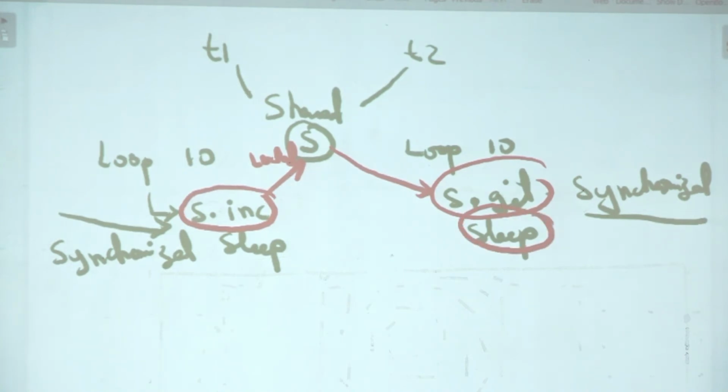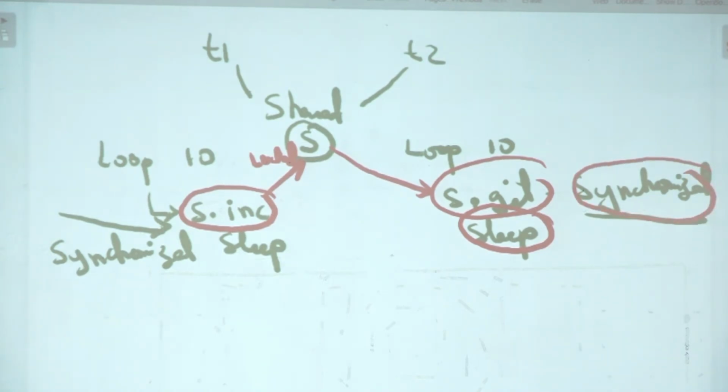When it comes out of sleep, it again tries to do the get in that loop, and says, I again can't do anything because the object is locked. So it so happens that this is getting called 10 times, but each time the object is getting locked. And while it is locked, though this one is getting called, it has no other option but to wait, because the thing is synchronized.